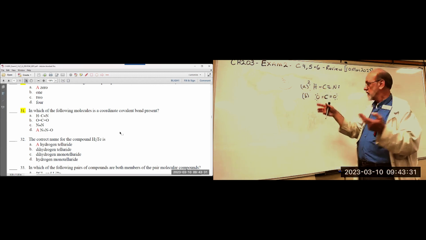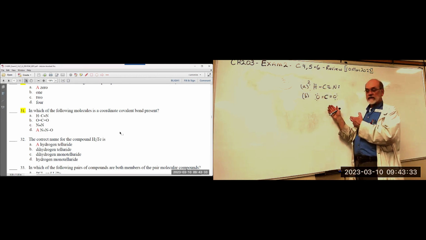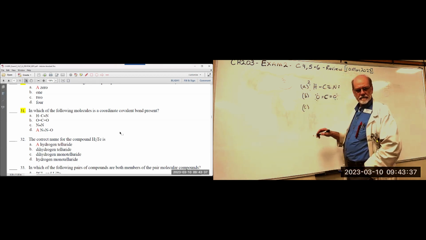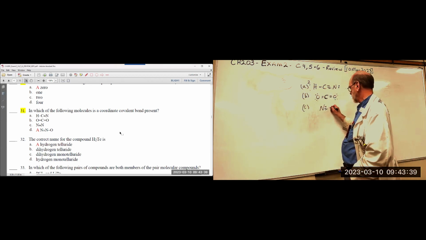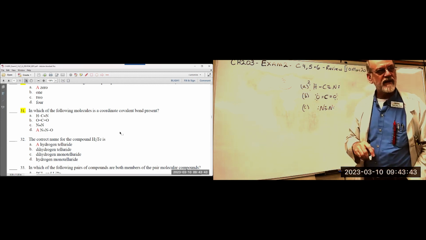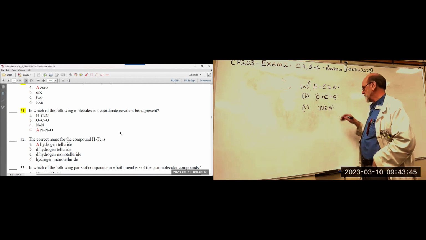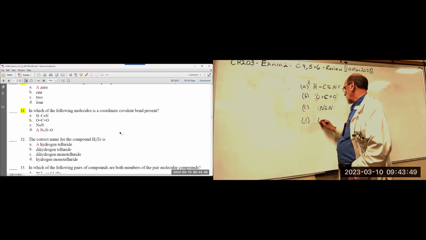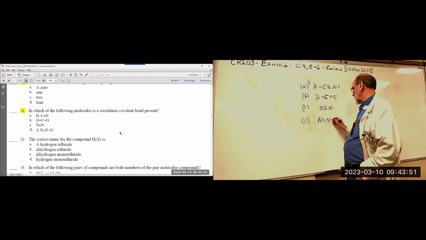That's not a coordinate bond. This would not be a coordinate either. How about C? That's a perfectly happy molecule, just as it is. So the last one is this one.